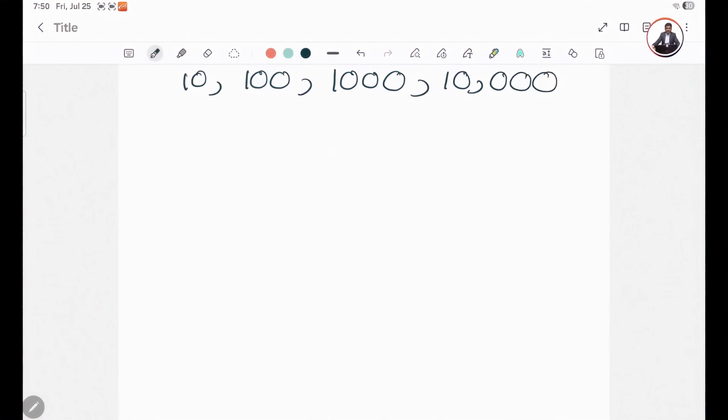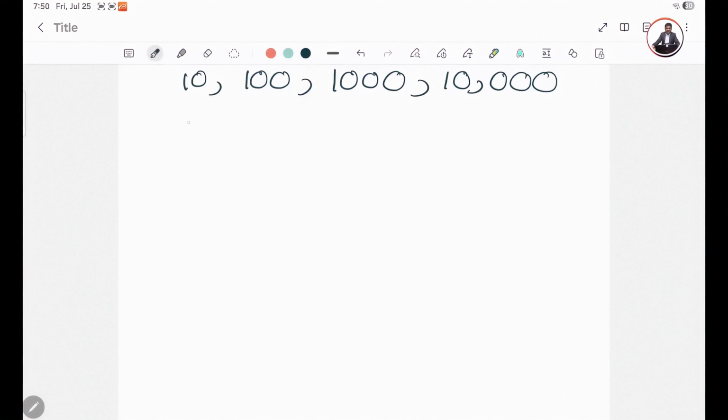Now again, any number you multiply with 10, 100, 1,000, 10,000, 100,000, whatever, you need to add 0 at the end.